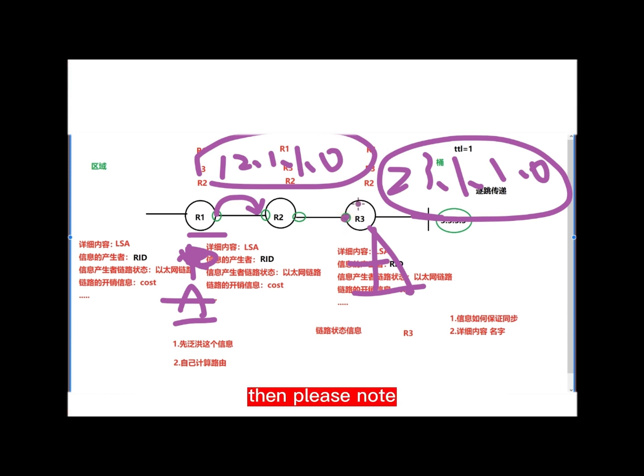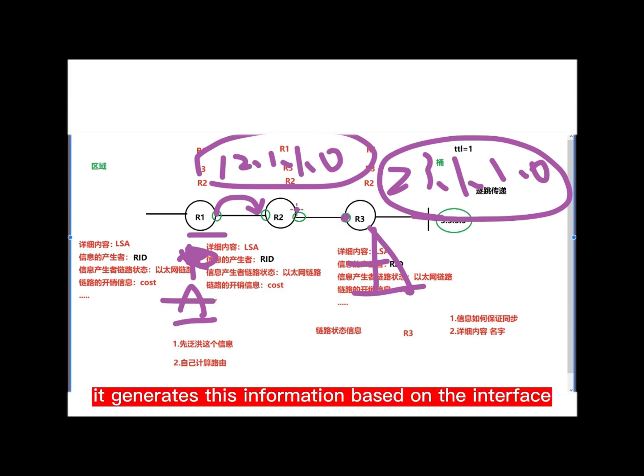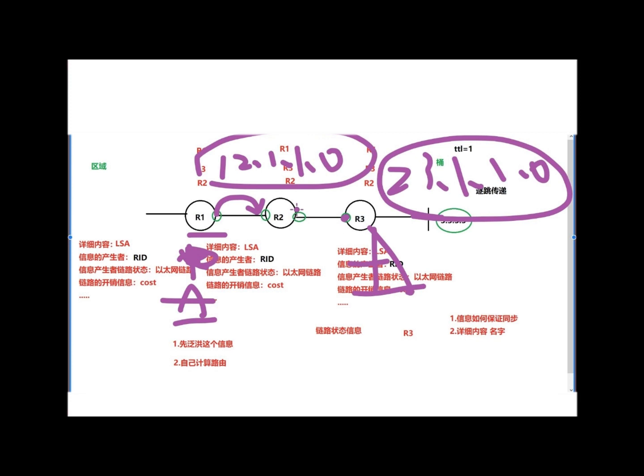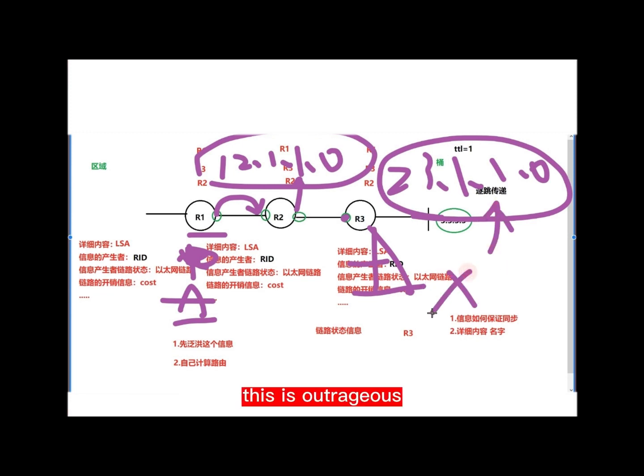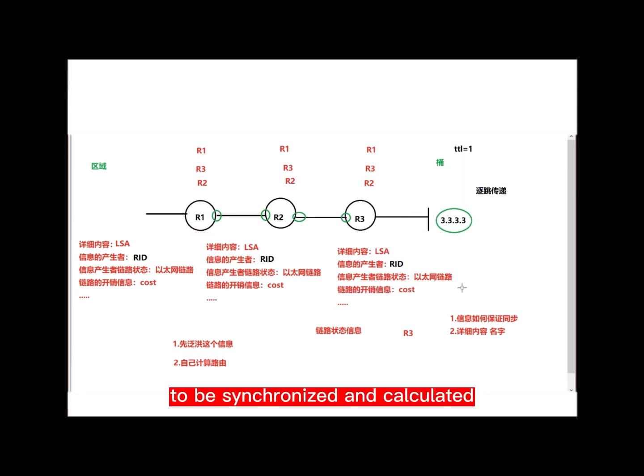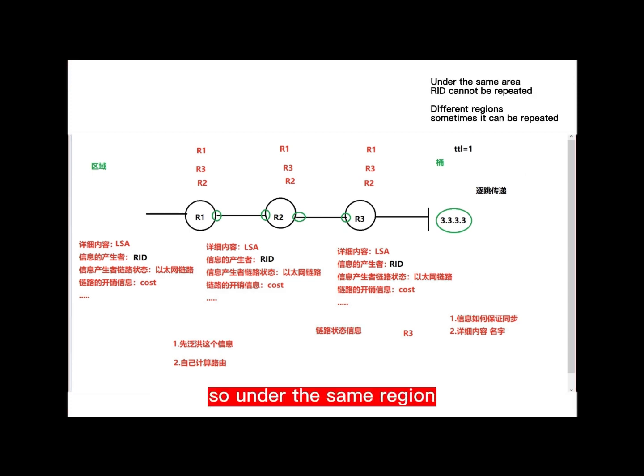Then please note, it generates this information based on the interface. That is, this interface will be this network segment, and that one will be that network segment. This is outrageous. There is no way for our information to be synchronized and calculated, because information can be confusing. So under the same area, the router ID must never be repeated.